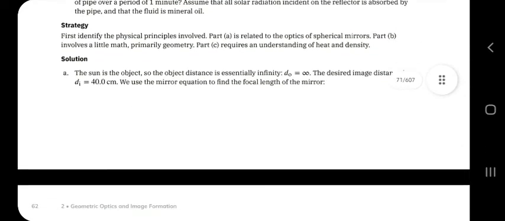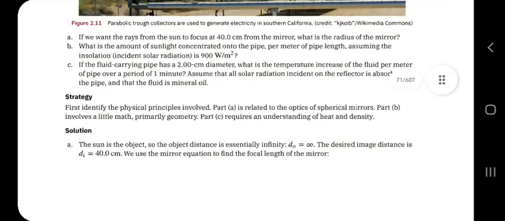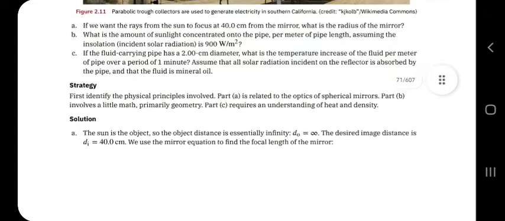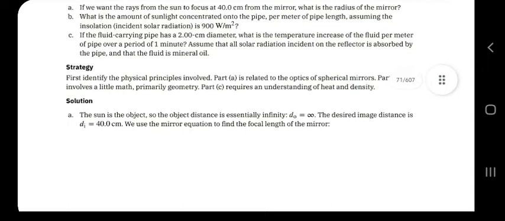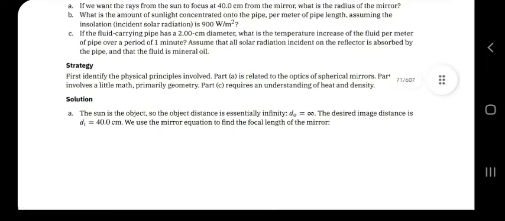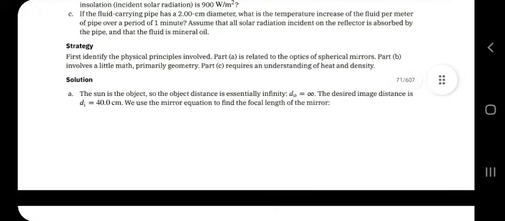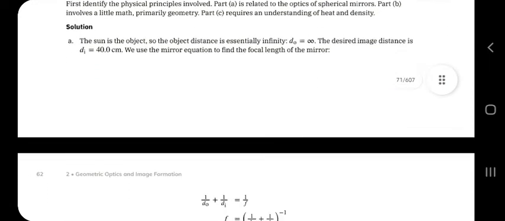So, in A, since we are looking for the radius of the mirror, the sun is the object, so the object distance is essentially infinity. The desired image distance is equal to 40 cm. We use the mirror equation to find the focal length of the mirror.